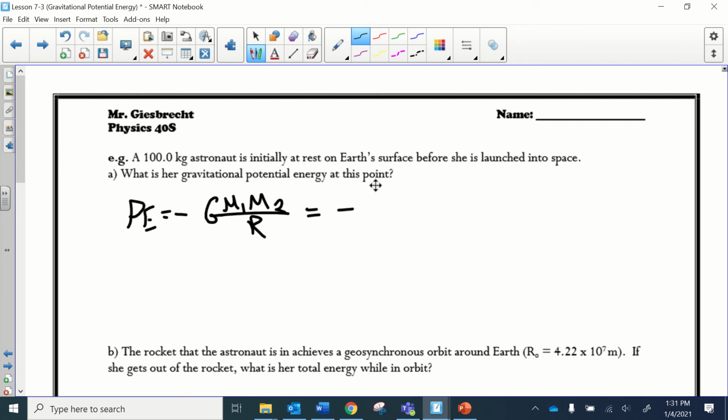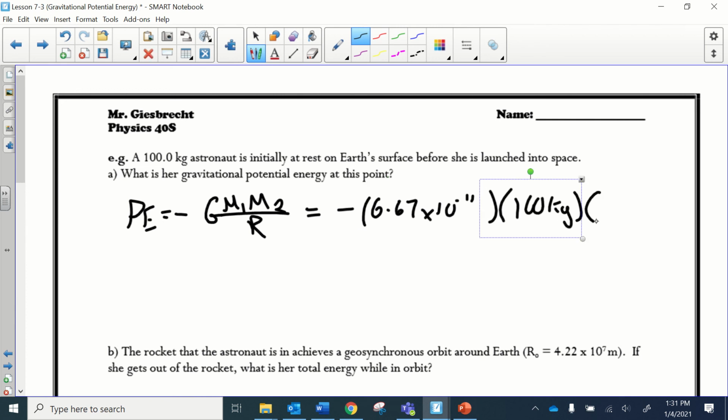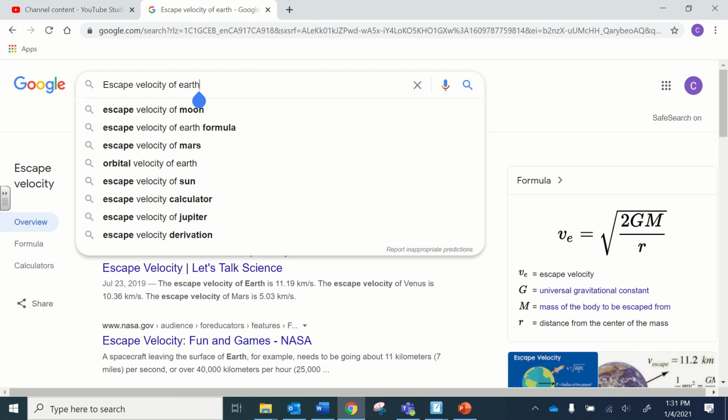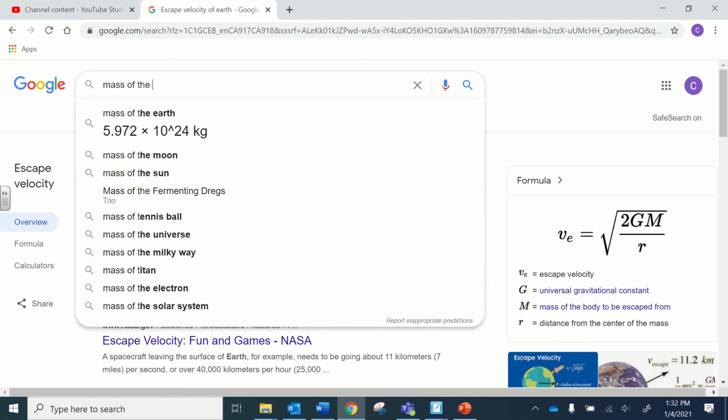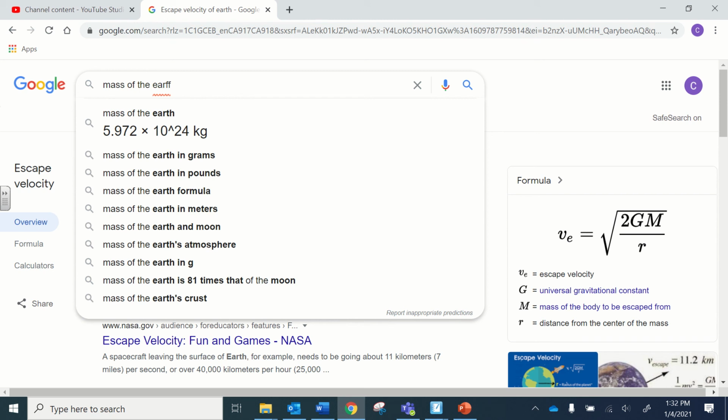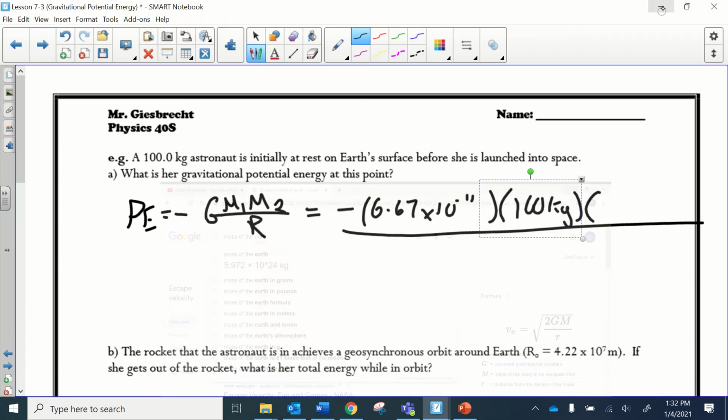So it's negative 6.67 times 10 to the negative 11, that's the gravitational constant, times 100 kilograms, multiplied by the mass of the Earth. Sorry, I'm losing my mind here. What's the mass of the Earth again? I should know these numbers. Mass of the Earth, 5.972 times 10 to the 24.